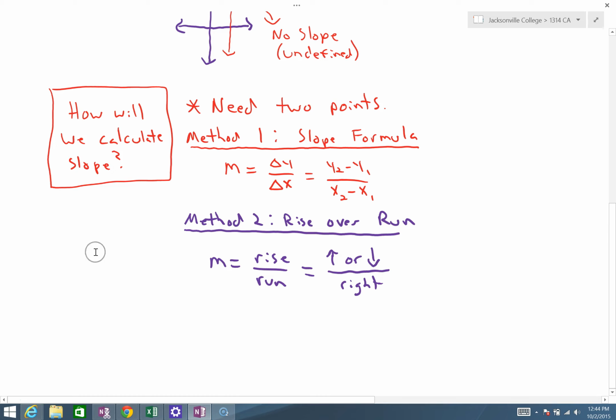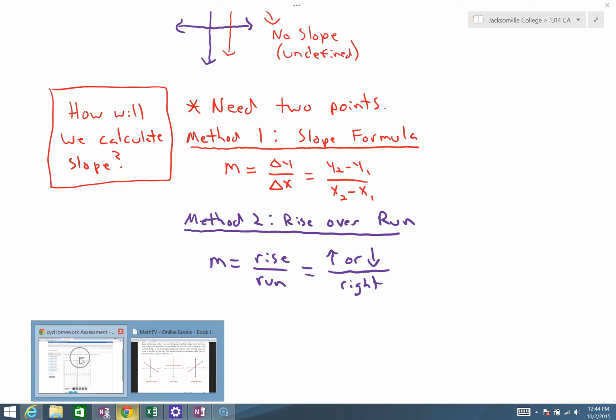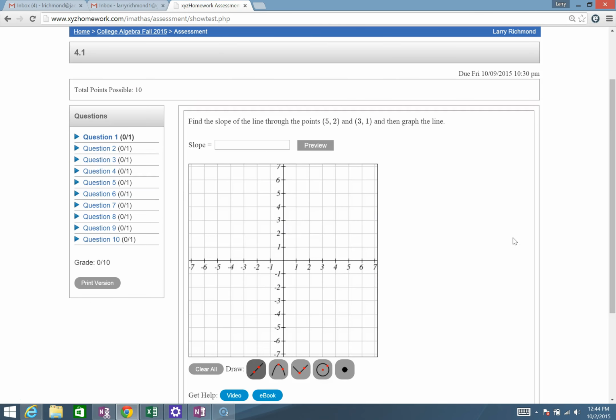All right. So now I'm going to our XYZ homework. Question number 1 says, find the slope of the line through the points 5, 2, 3, 1, and then graph the line. Well, I'm going to show both methods using this particular point.